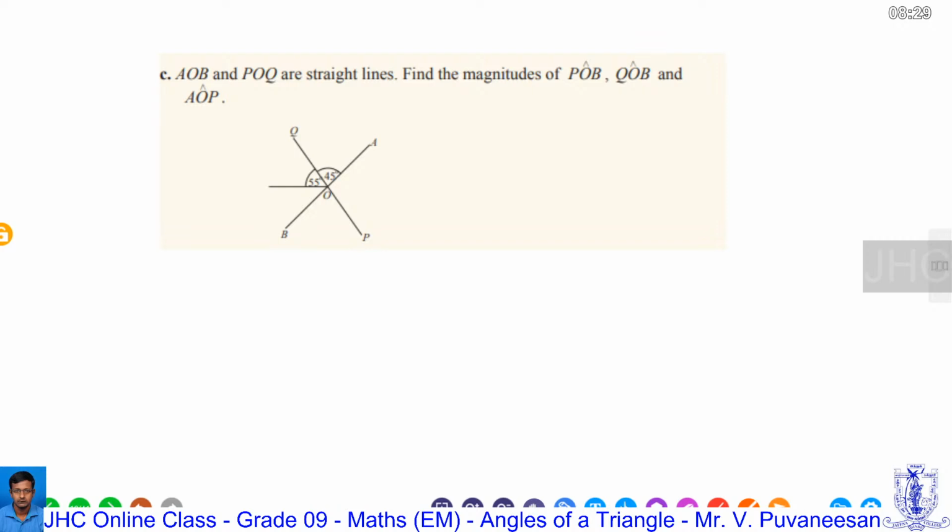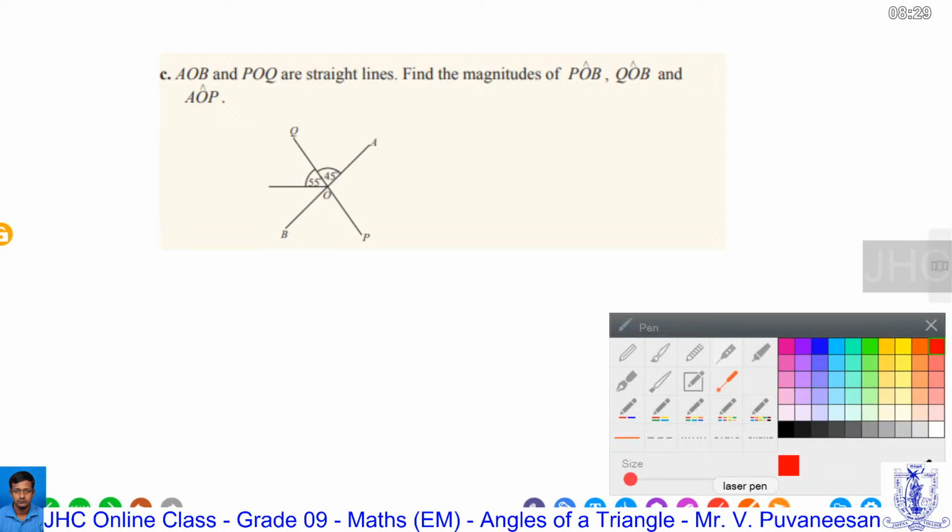எங்களை என்னென்ன கேட்டது? We have been asked to find the POB, QOB and AOP. First we find POB. This is POB, okay? So this angle POB and AOQ are vertically opposite angles, okay? So let's write that.